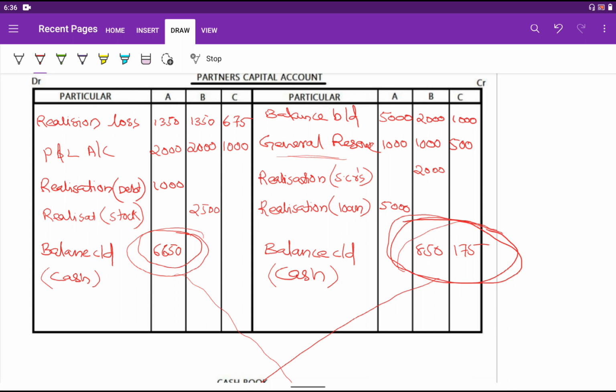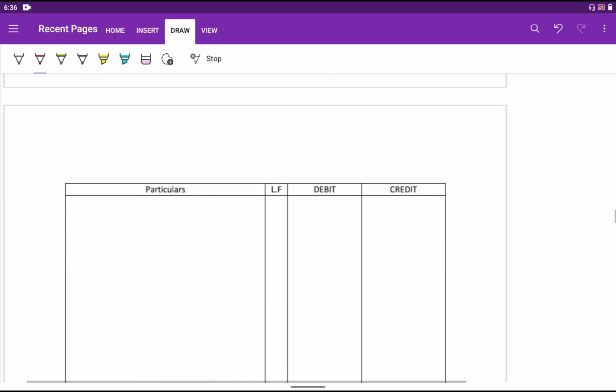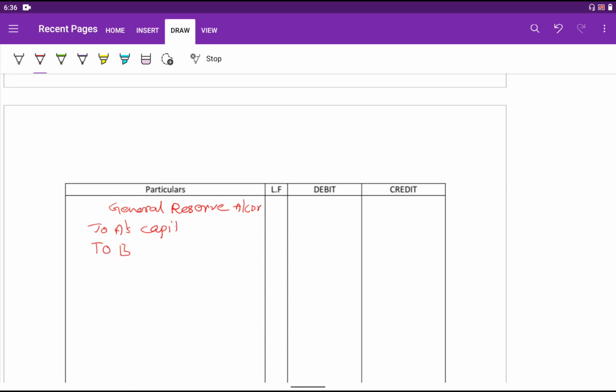General reserve account debtor to A's capital, B's capital, C's capital. Total general reserve is 2,500. To A 1,000, to B also 1,000, to C it is 500. So general reserve is finished.